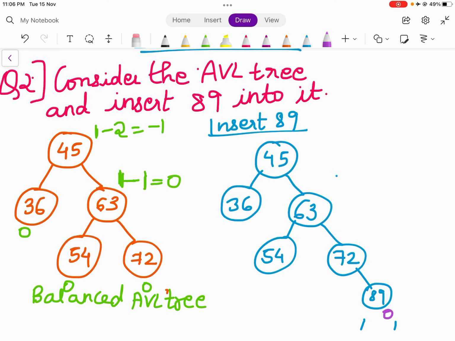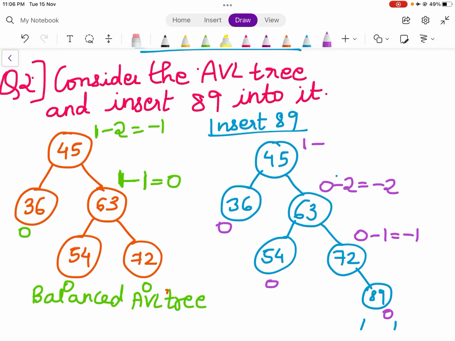Now I will check the balance factor. For leaf nodes it is 0, 0, 0. This will be 0 left minus 1 right, that is minus 1. 0 left minus 2 right, that is minus 2.